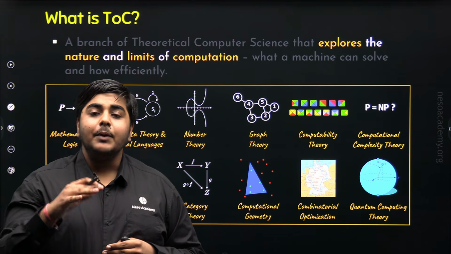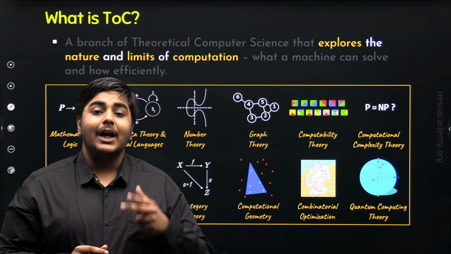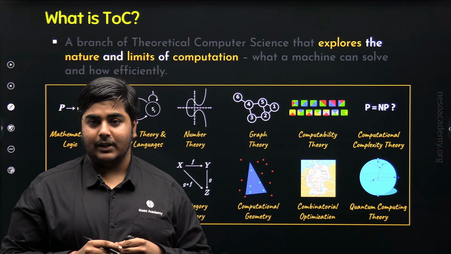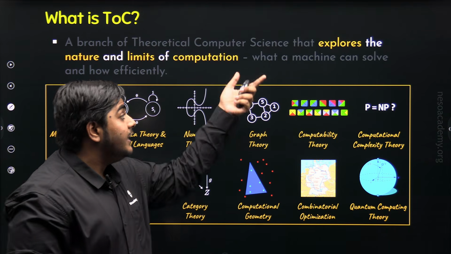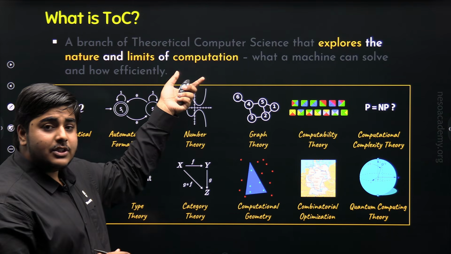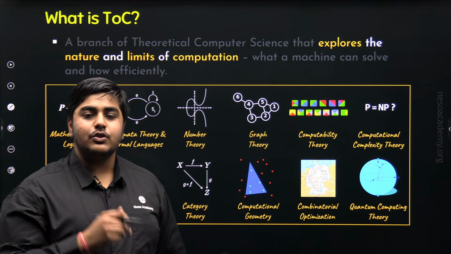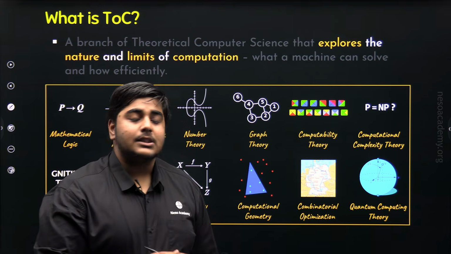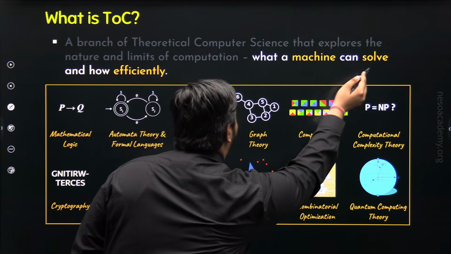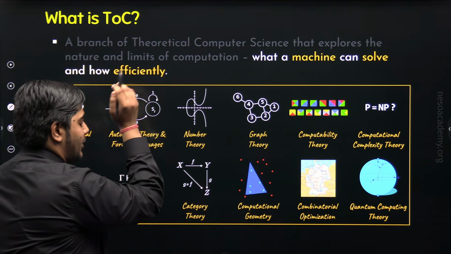It means what problems are solvable by computers and what problems are not solvable by computers. So TOC defines the nature of computation as well as the limits of computation, which means that TOC tells us what a machine can solve and how efficiently.